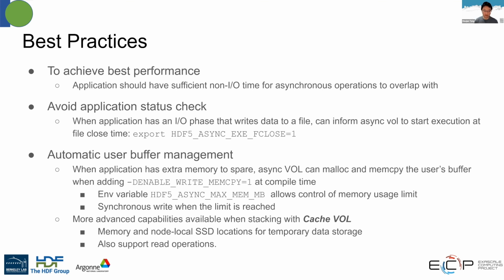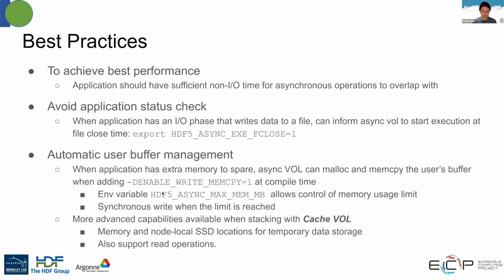Often the application needs to do double buffering, but if it does not want to, we provide a very simple version to malloc and memcpy the user's buffer at the HDF5 API when it first enters the async VOL, and then we free the buffer after the operation has completed. In this way, the application does not need to care about double buffering itself and leaves it to the async VOL.